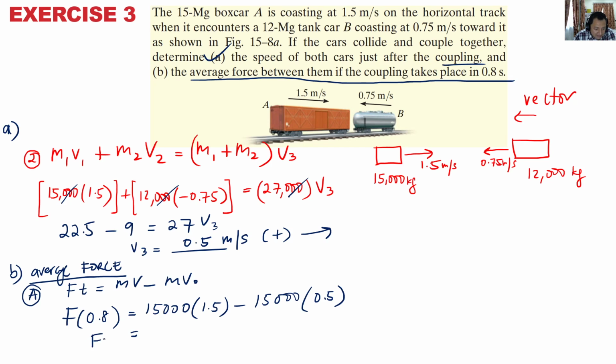So F equals 15 times 1.5, 22,500, minus 15 times 0.5, 7,500, divided by 0.8. So 22,500 minus 7,500 divided by 0.8. How much? 18,750 Newton.